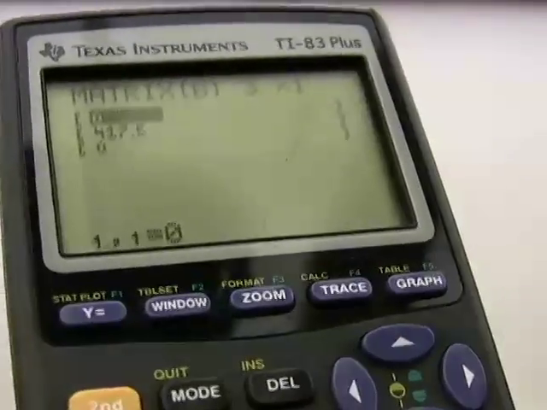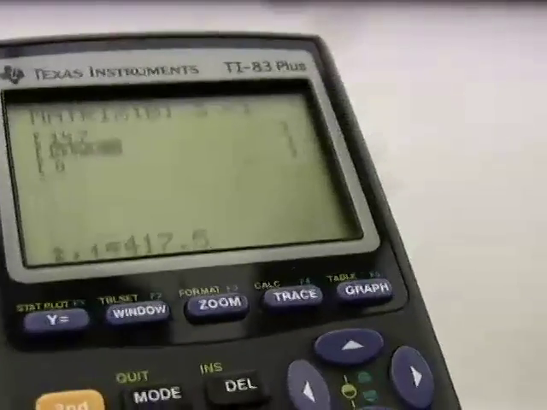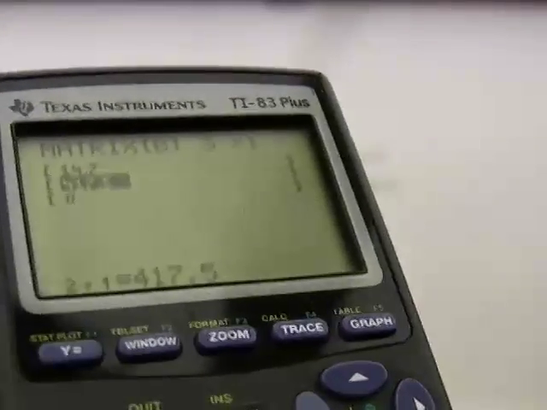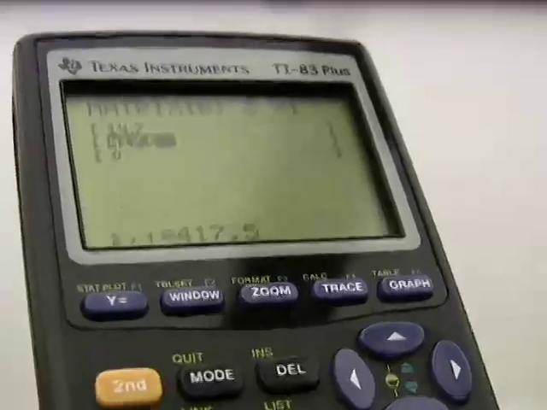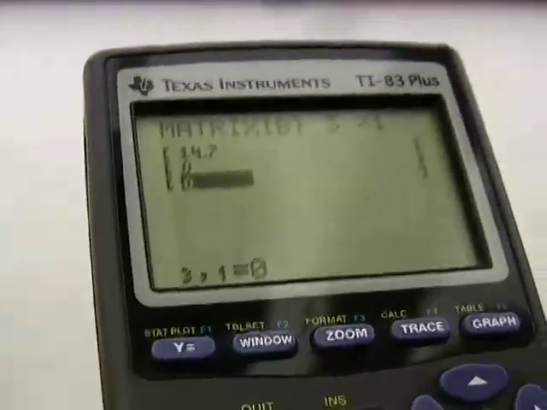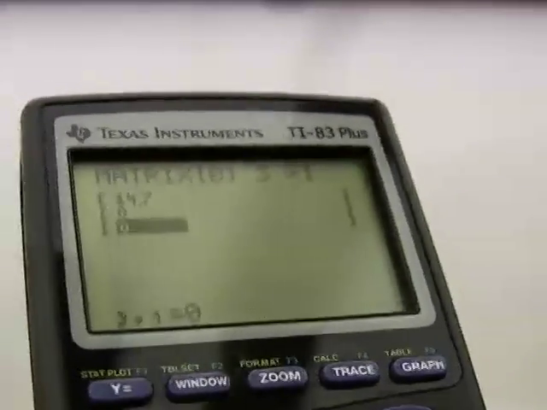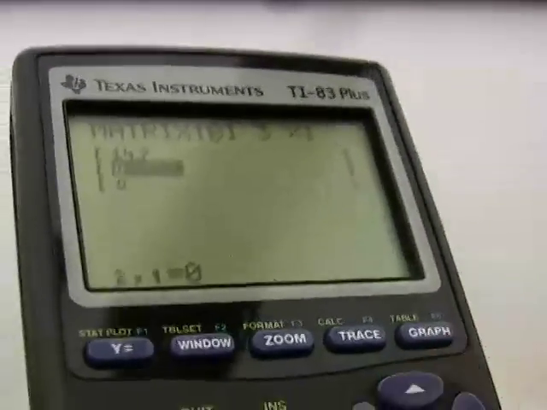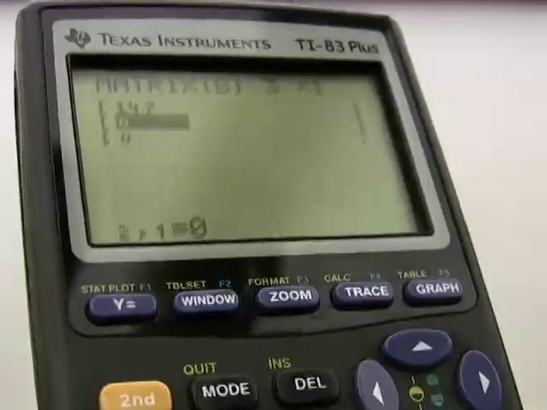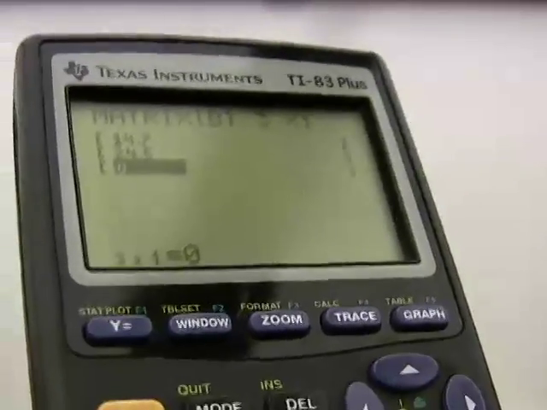What are they? 14.7, enter, 24.5, enter, 0, enter. So the first is 14.7, the second is 24.5 and the third is 0.